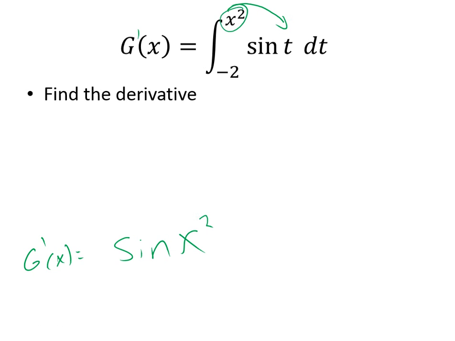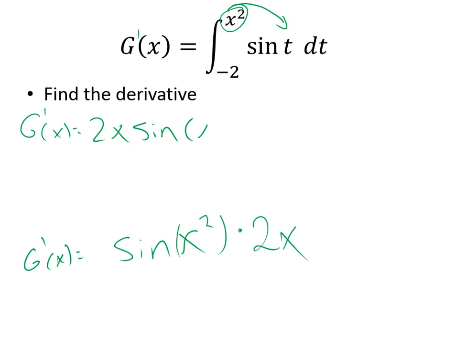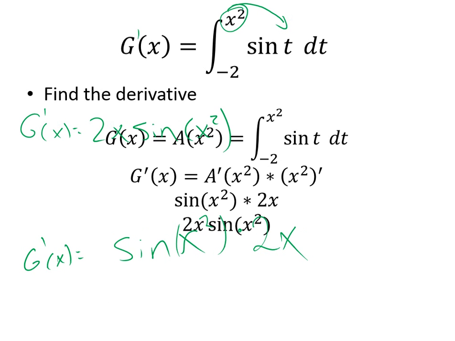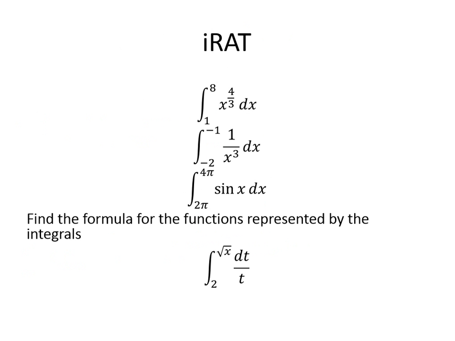Since this is not just x, we have to use the chain rule. So we multiply this whole thing by the derivative of x squared, which is 2x. So g prime of x is equal to 2x sine of x squared. Again, you have to use the chain rule here.